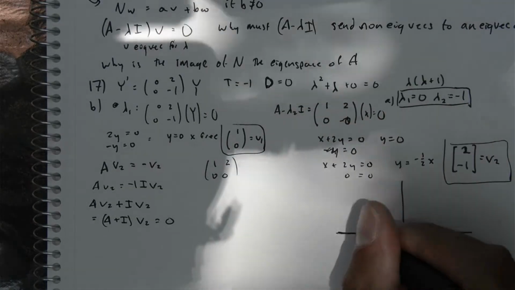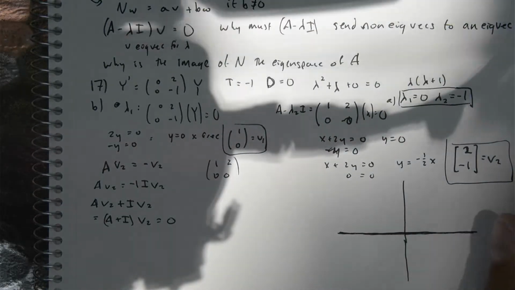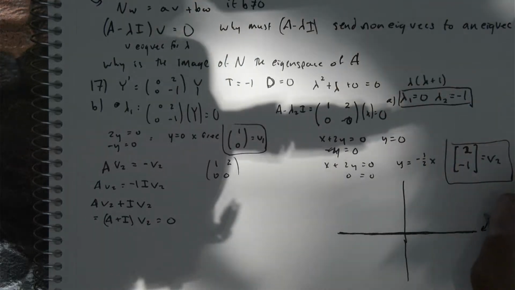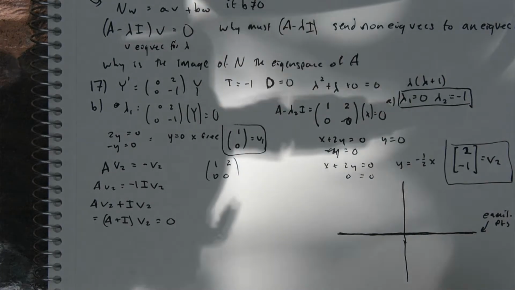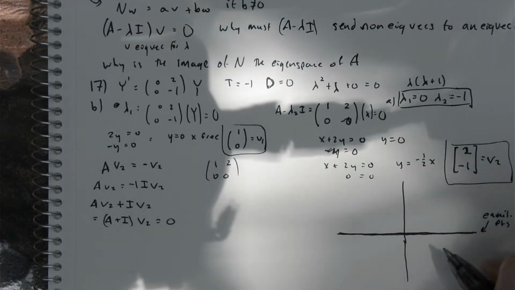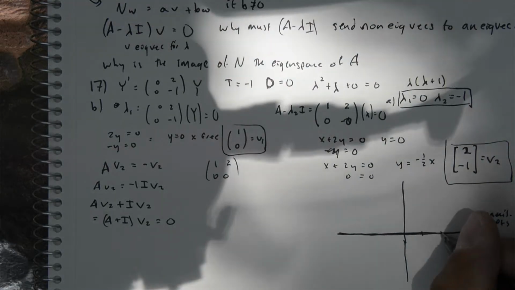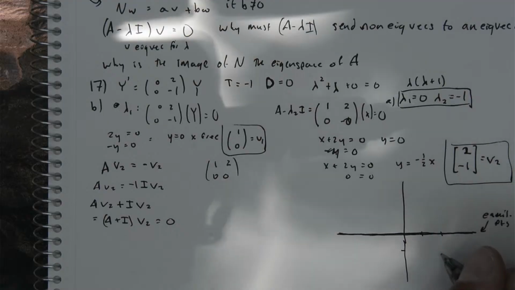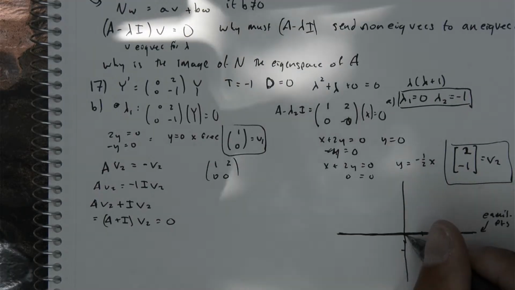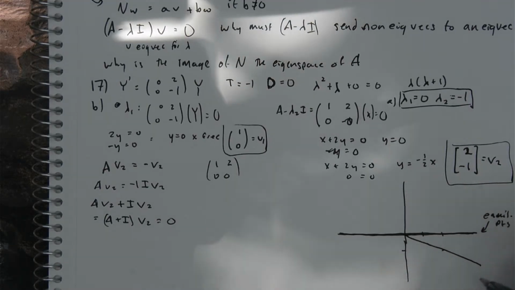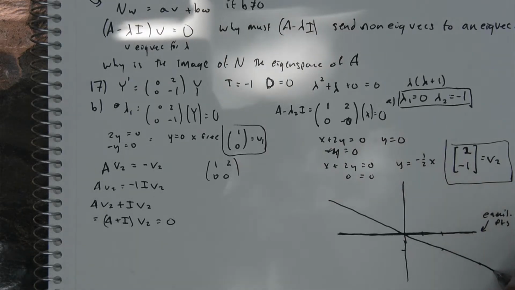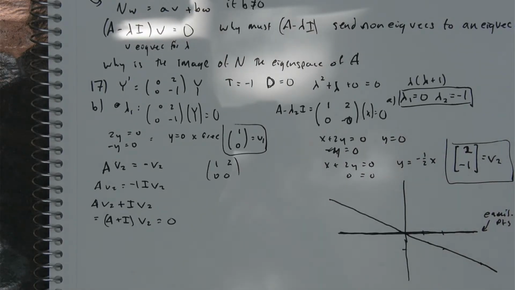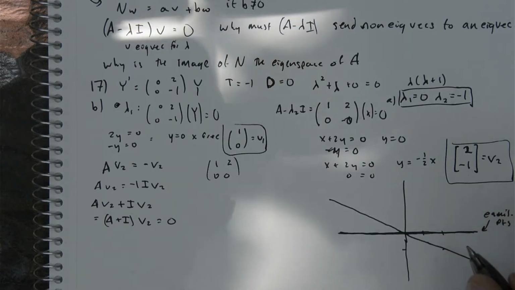So this whole thing are equilibrium points. And then we have 2, minus 1. We have this point. Okay, so this is the other eigenvector.